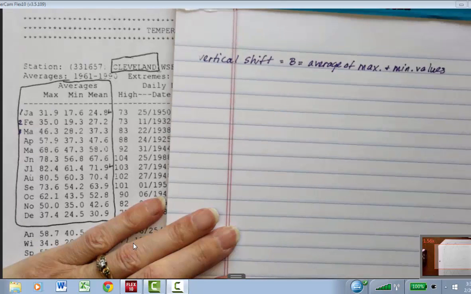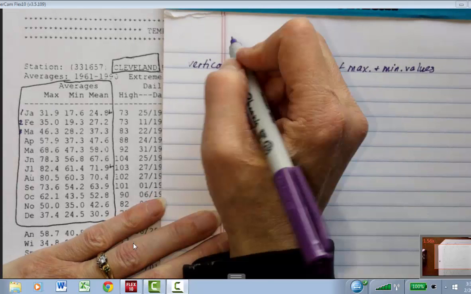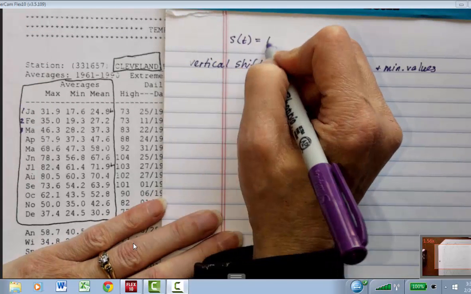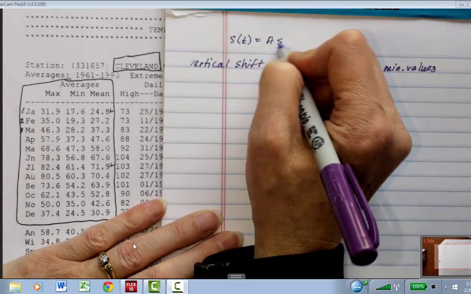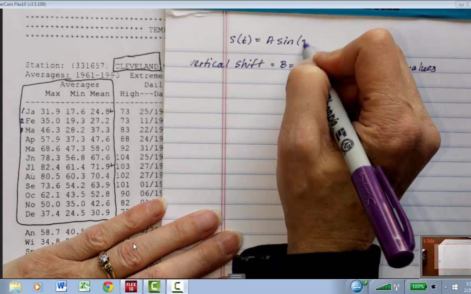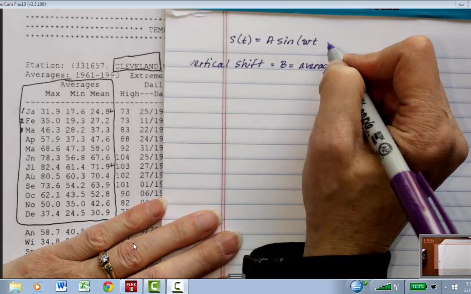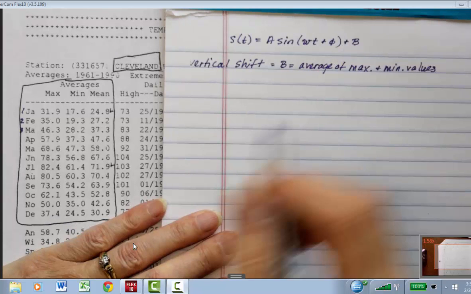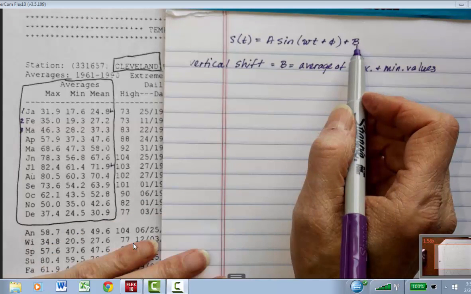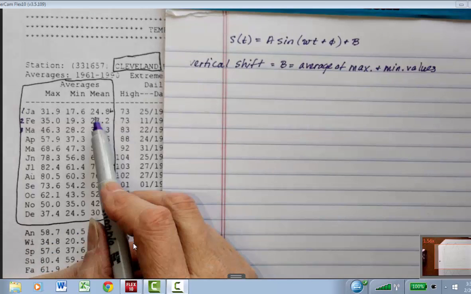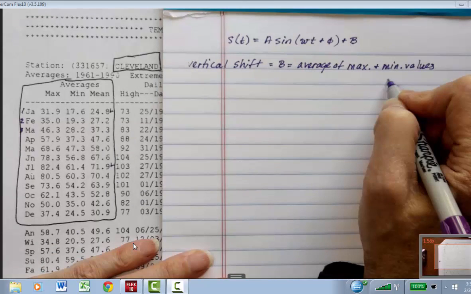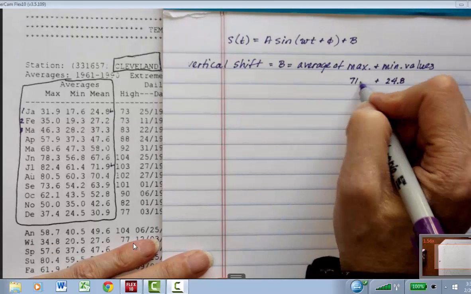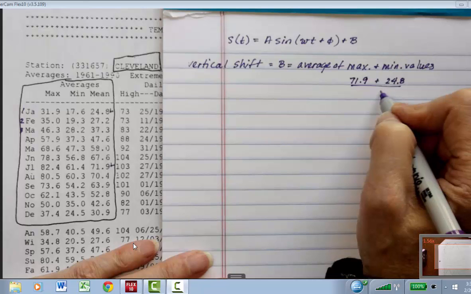And I forgot to put here at the top, remember we're trying to come up with an equation of the form S of t equals A sine(omega t plus phi) plus B. So right now we're finding our B, and our minimum value is 24.8 and our maximum value was 71.9. And to find the average of those two, I'm going to add them together and divide by 2.